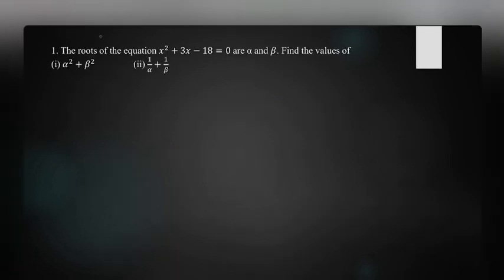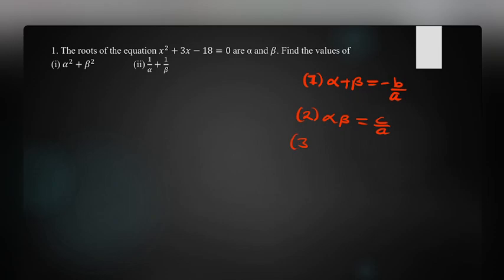So when it comes to roots, there are properties that you need to know. The first property is that alpha plus beta is equal to negative b over a. The second property is alpha beta, which is equal to c over a.